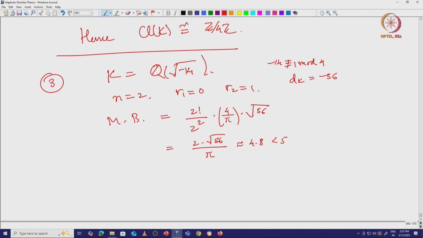So all we need to do is to factorize 2O_K and 3O_K, and again the polynomial that I am interested in is x squared minus 14.